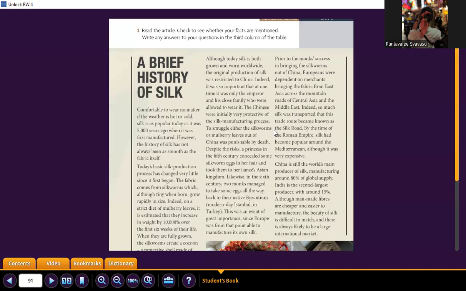And for the last one, world silk production. It talks about the world's main producer, so here in the last paragraph, it is dominated by 2 countries, and you will see that they talk about China and also India.